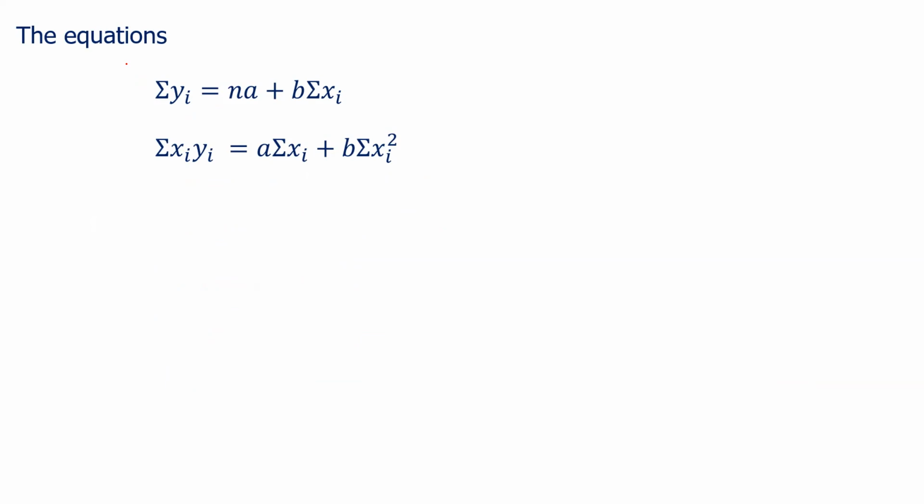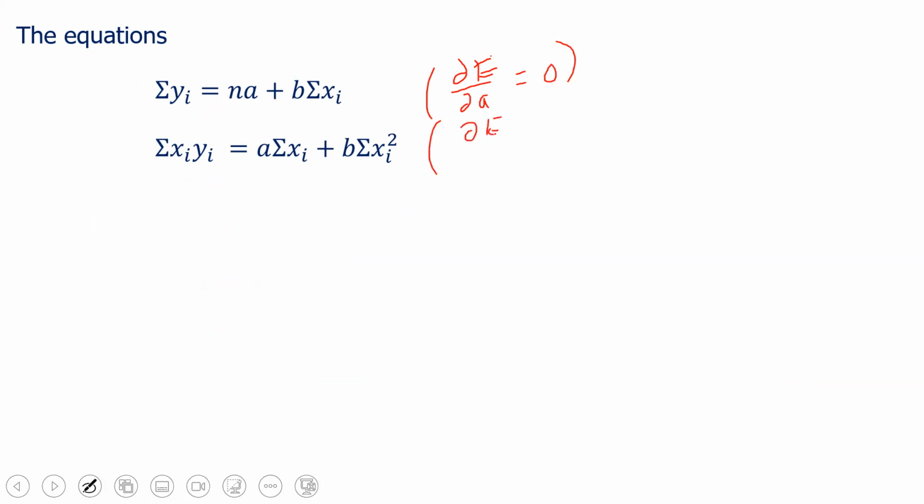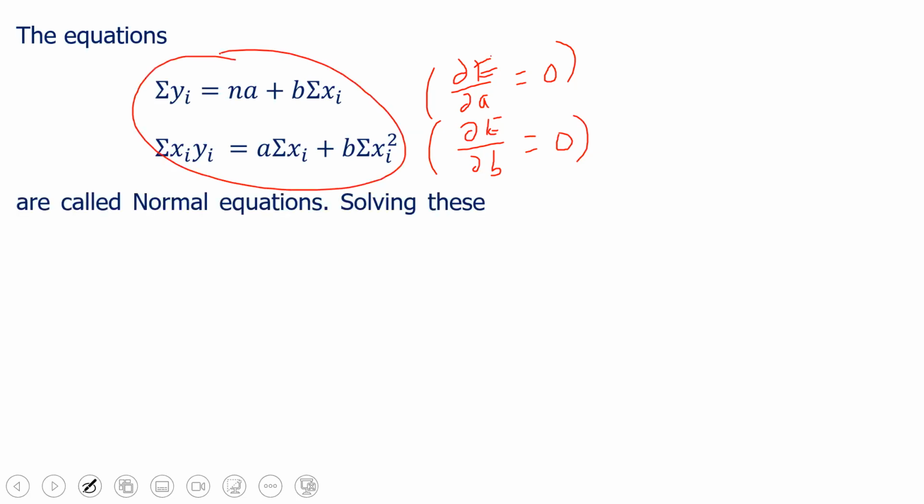We obtain the first by solving del e del a equal to 0, and the second by solving del e del b equal to 0. These two equations are called the normal equations.